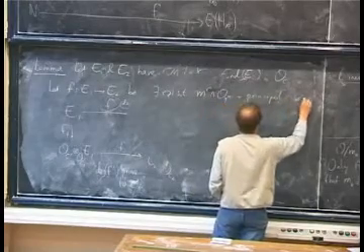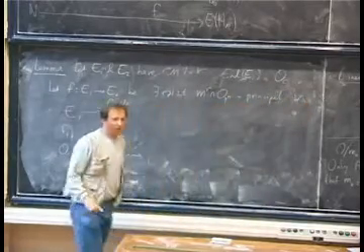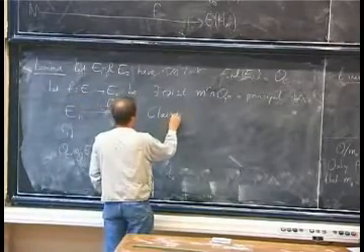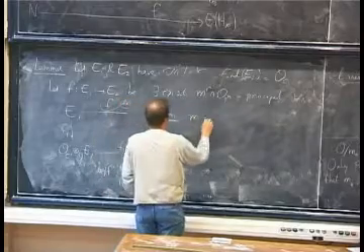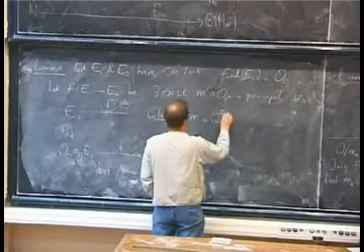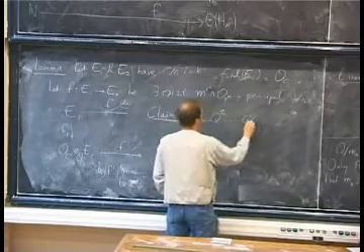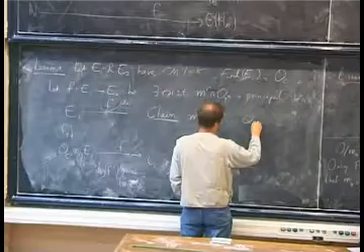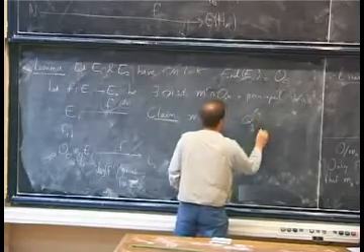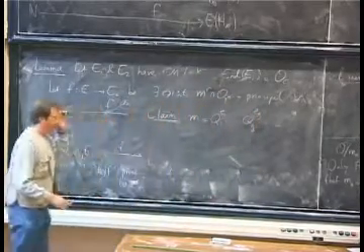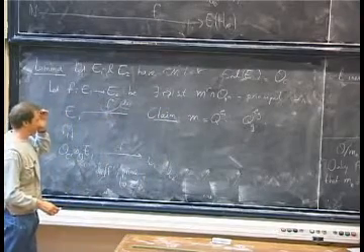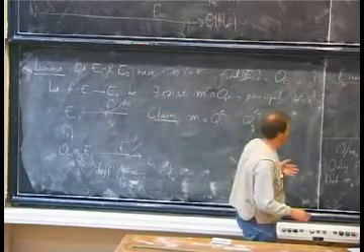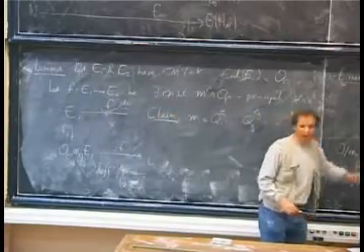Now I claim that this implies that M is of the form Q1 to the E1 up to QG to the EG, it only contains the ramified primes. Because first of all, it doesn't contain inert primes because the quotient is cyclic.